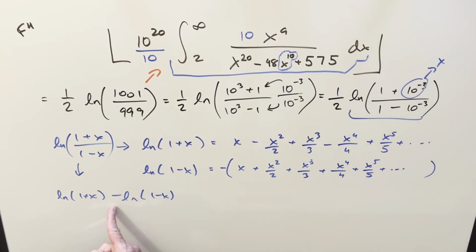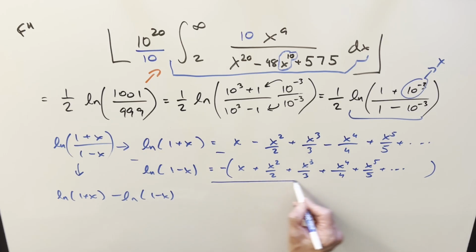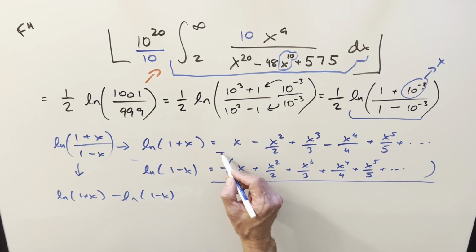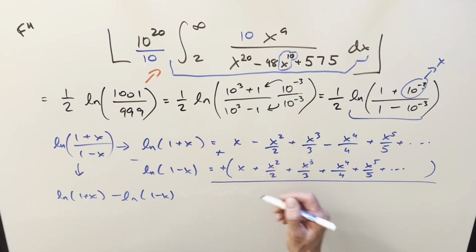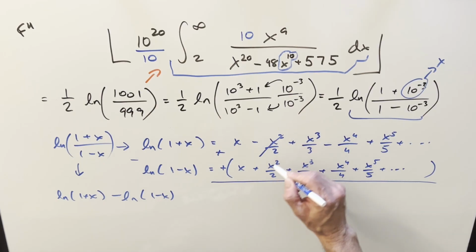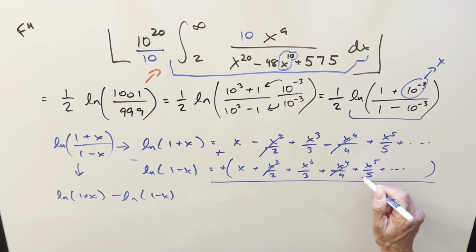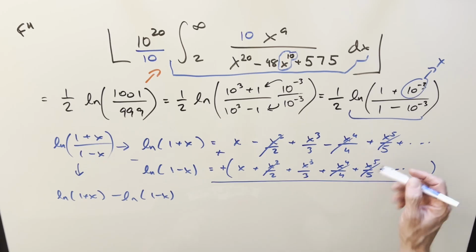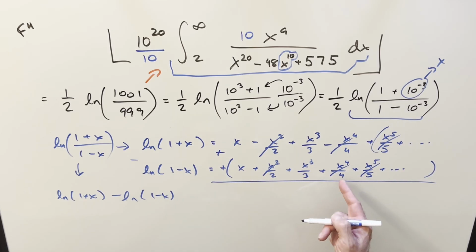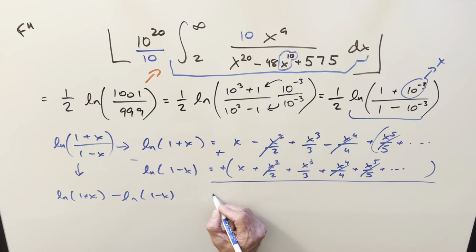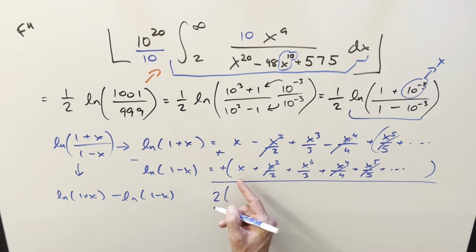So we're subtracting these, and putting it together, minus times minus is plus, and because we have alternating signs, all the even terms cancel out. Oh, sorry, I should have left that one, but I think you get what I'm saying. All the odd terms are going to remain, all the even terms cancel out. So putting this together, we're going to have 2 copies of all the odd terms.